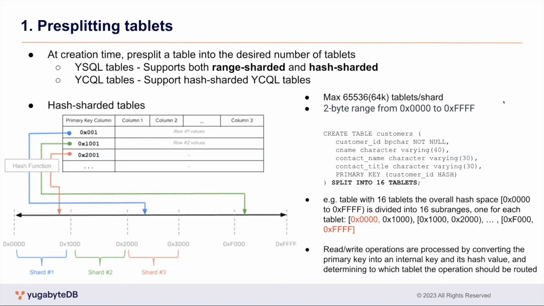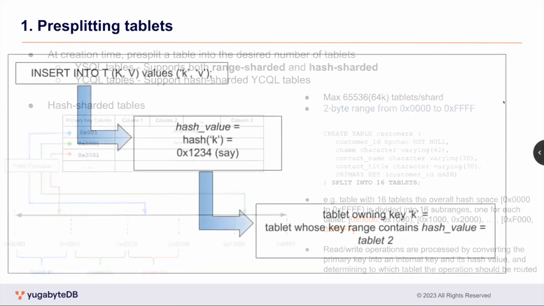For example, in this case, the table will be divided into 16 tablets, and the overall hash space will be between 0000 and FFFF, so we divide it into 16 pieces. When you have a read and write, we use the primary key to define the location of the data of the row.